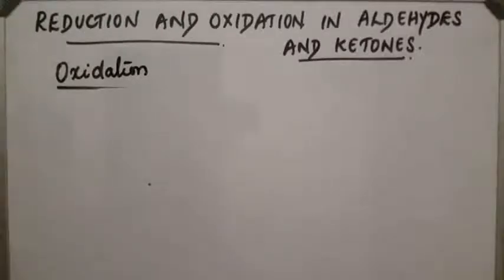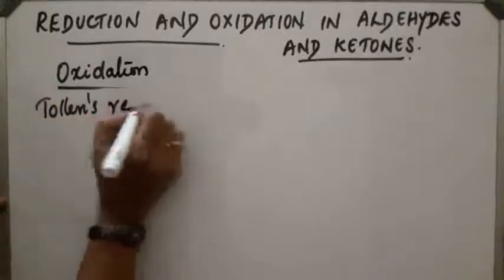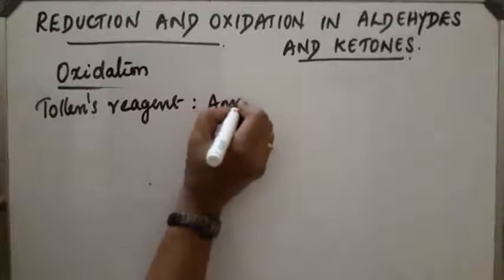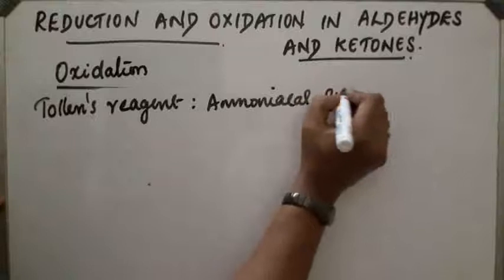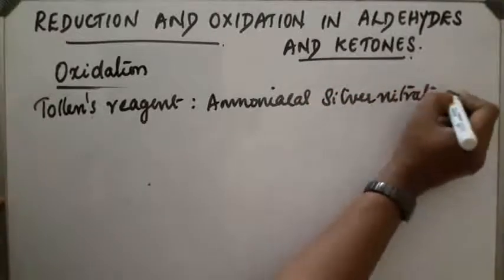See the oxidation reaction of aldehydes with Tollen's reagent and Fehling solution. First, Tollen's reagent. Tollen's reagent is ammoniacal silver nitrate solution. How can we prepare this?